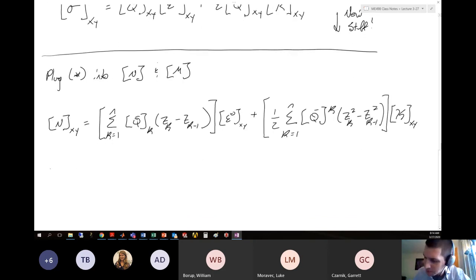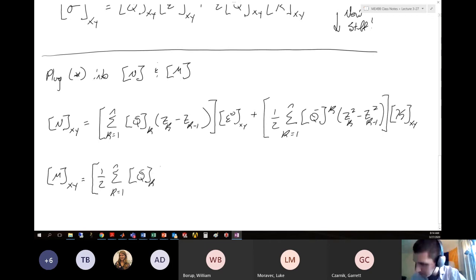We have a similar expression for the moment. So the moments applied relate to the strains through a similar expression after plugging in the equation that we know about the stresses. This 1/2 comes from the integration. It's a constant that gets pulled out after the integration. K equals 1 to n, where n is the number of lamina.